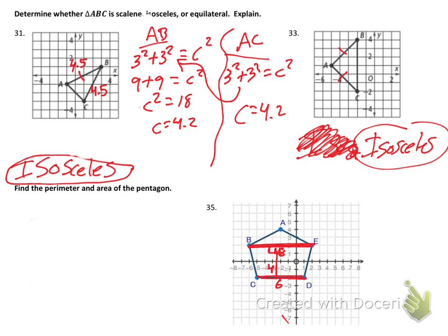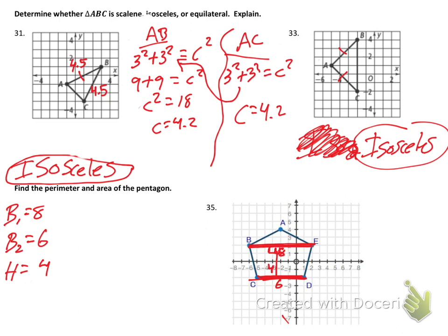This one right here and this one right here. So those two bases, and then we have a height of 4. So base 1 is equal to 8, base 2 is equal to 6, and my height is going to be equal to 4.